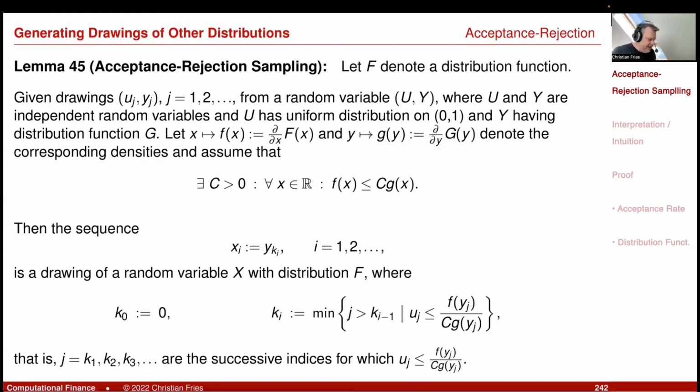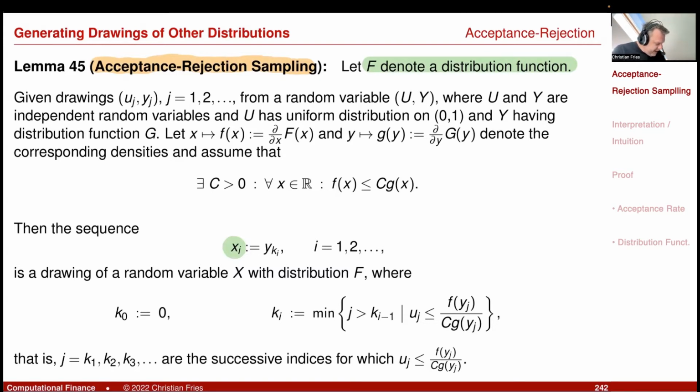So here is how the method works. It's called acceptance-rejection sampling. So let F denote a distribution function. It's the distribution function of the sequence I would like to generate. So that's actually my target here, the sequence xi.